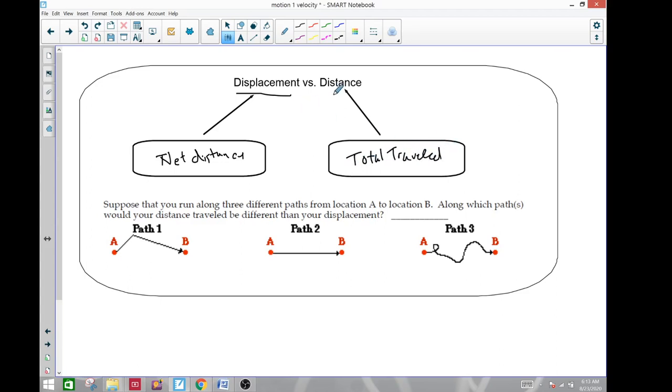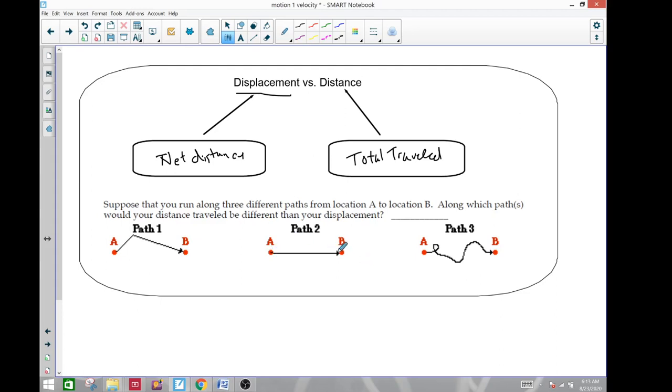Occasionally you come across little terms that always tend to screw you up, but you just deal with it. So here it says, suppose that you run along 3 different paths from location A to B. On which path would your distance traveled be different than your displacement? Well, there's only one of them where they're the same.